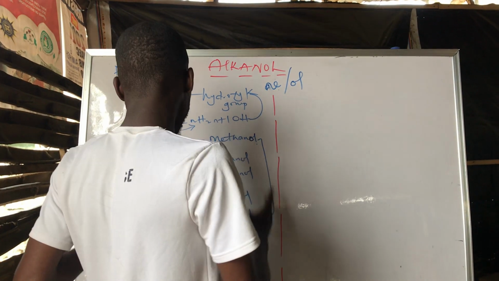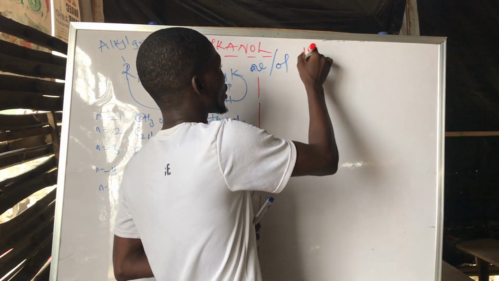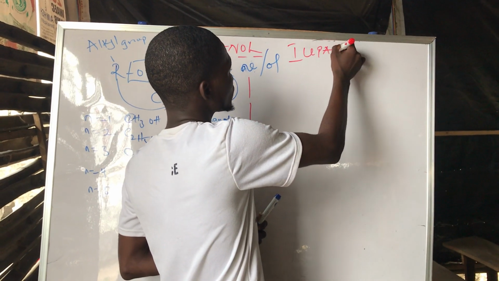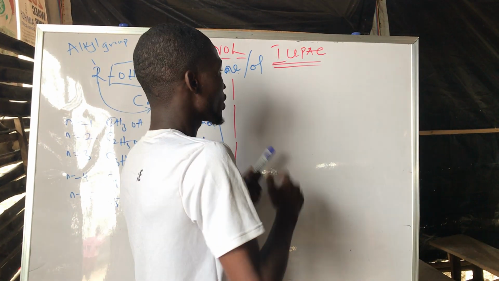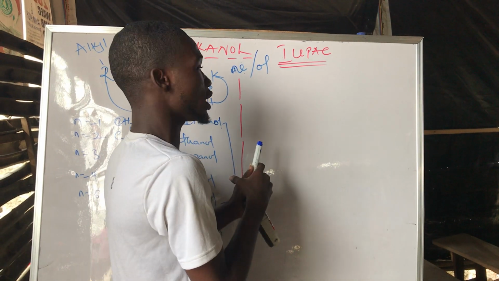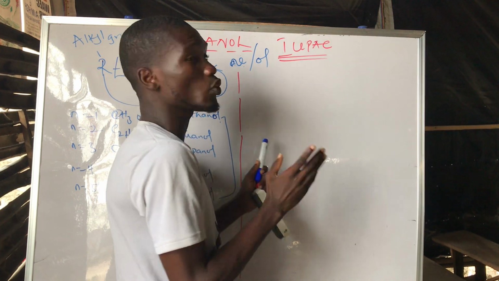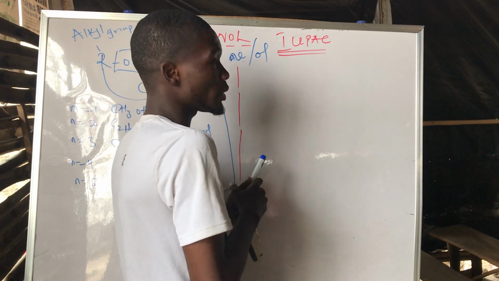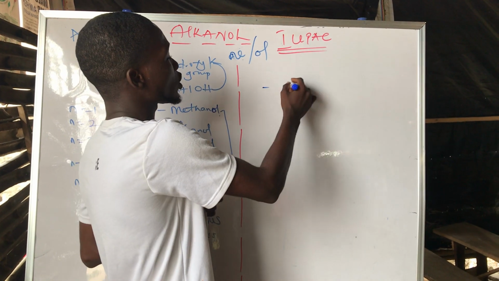So now, with what you have here, which is the parent name, we can go to what we call what? The IUPAC. So the IUPAC nomenclature of alkanol is a more systematic way of naming any organic compound. So now the first thing you have to consider is the longest continuous carbon chain.